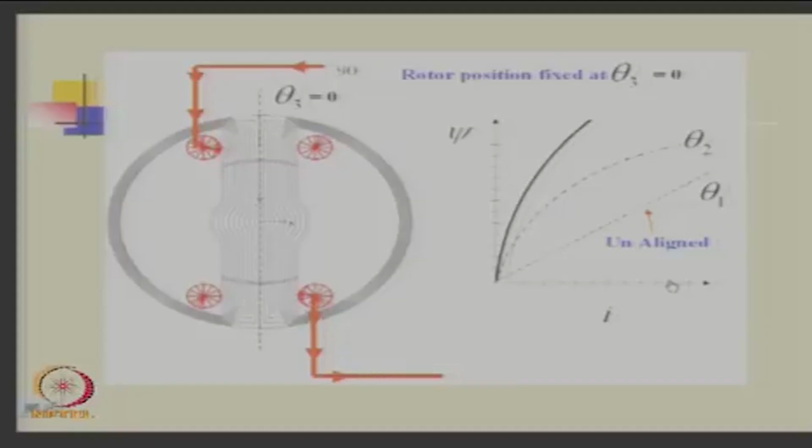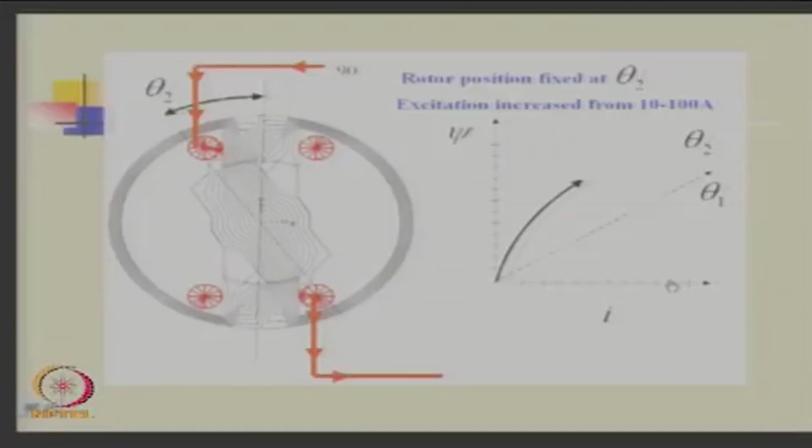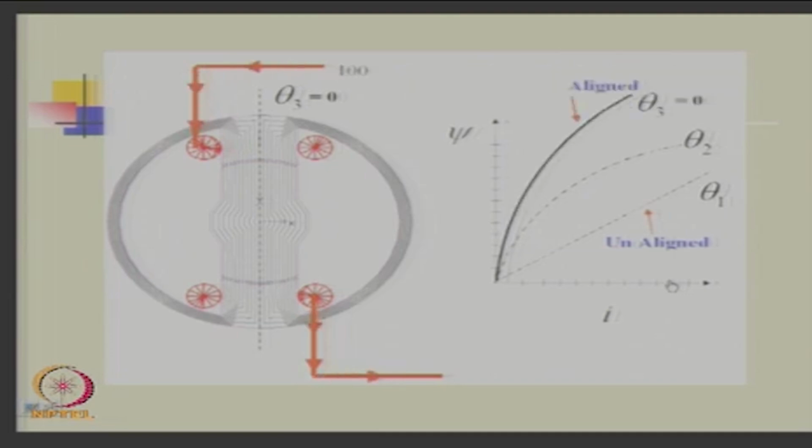So, there is a different area for theta 1, theta 2, theta 3, so torque will be different. I hope this has made you clear. So, psi is a function of current and theta.